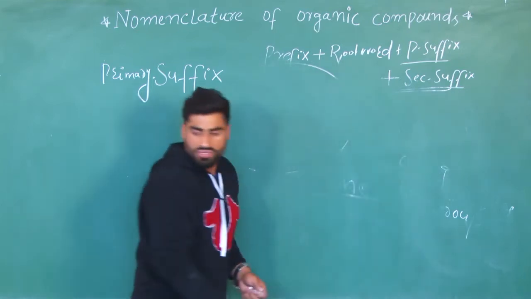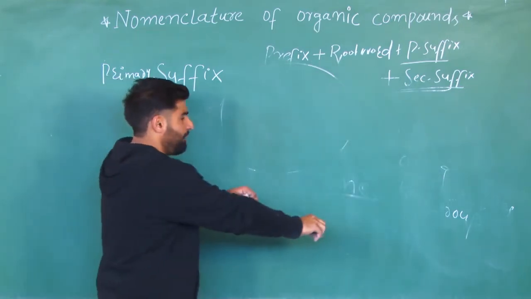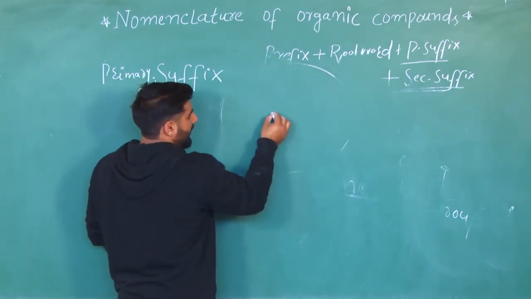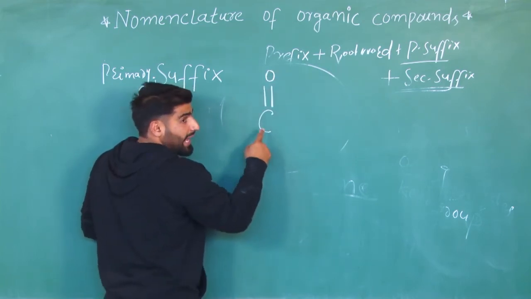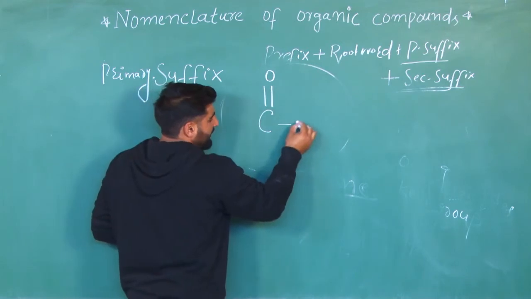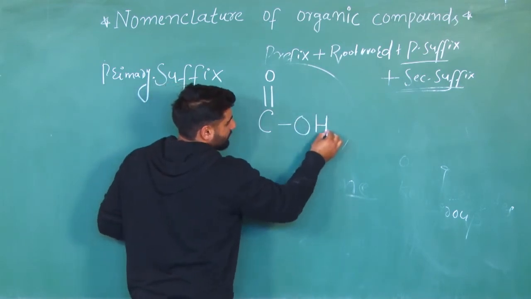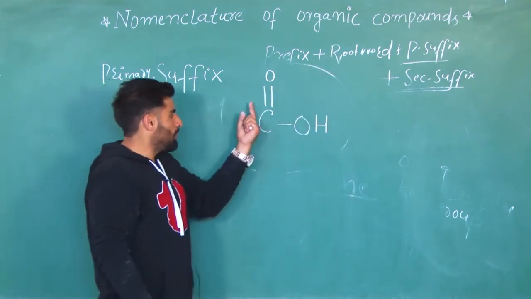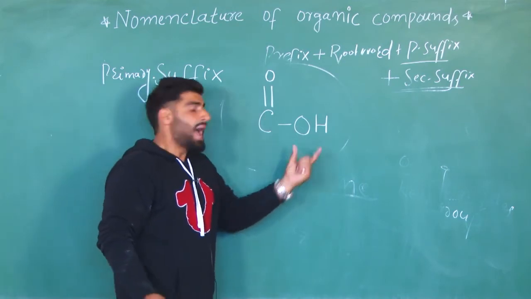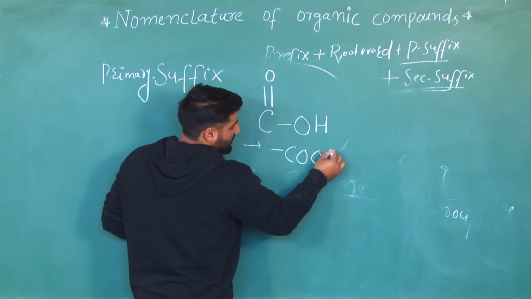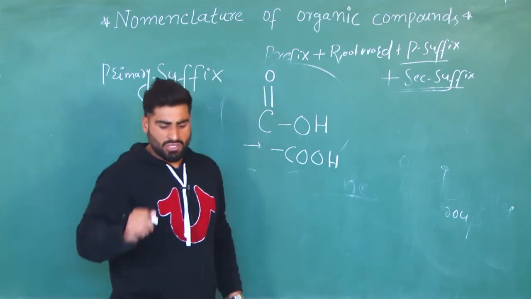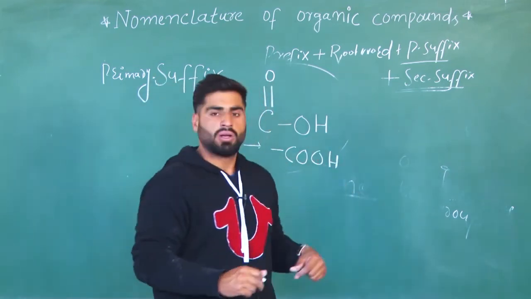Now, shifting from ketones, we have another class of organic compounds. Listen, students, if we have the functional group C double bond O, again this carbonyl group, and it has now an OH group, carbonyl group in addition with OH group, or simply this COOH group, this group is known as carboxylic group.